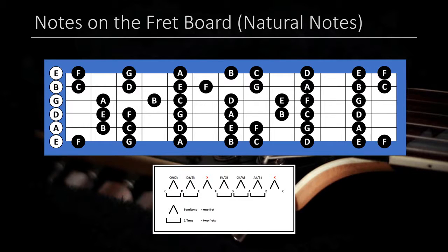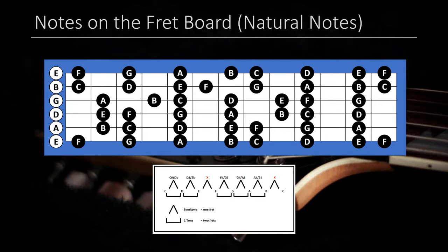So if we were to take the A here, starting with A, from A to B is 1 tone or 2 frets. So the white circles are basically the open strings, and then the black circles with the white text are finger positions.